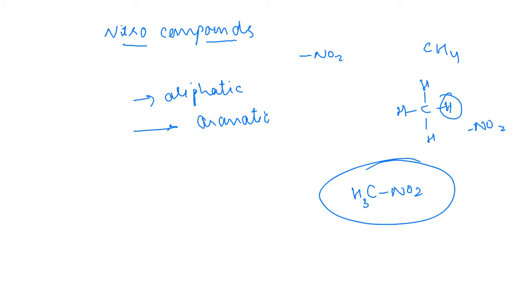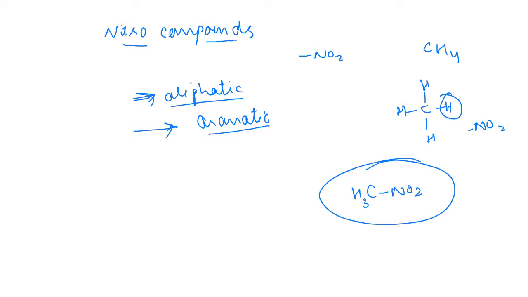See, the distribution of nitro compound, it is categorized into aliphatic and aromatic. So please tell me what is aliphatic and what do you mean by aromatic compound? Yes, right, Aman.